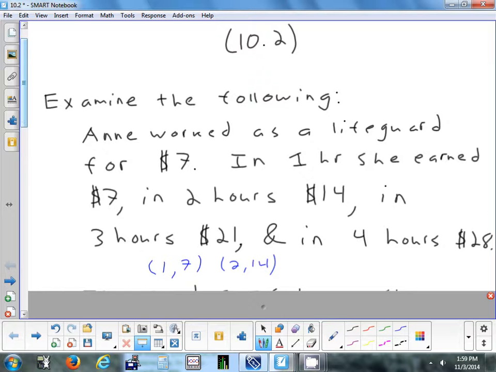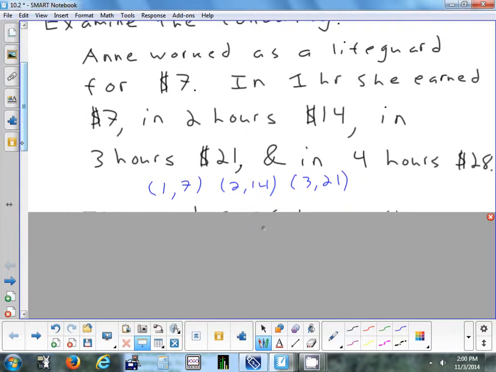Coordinates are a handy way to take information and represent it. In 3 hours, she makes 21. So in this case, the first number represents how many hours she worked, 1, 2, 3, and the second number represents how much money she made, $7, $14, and so on.